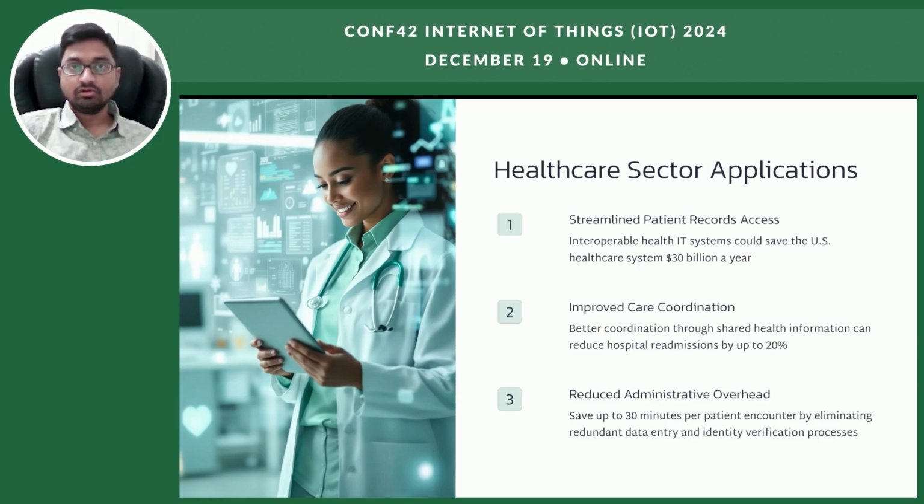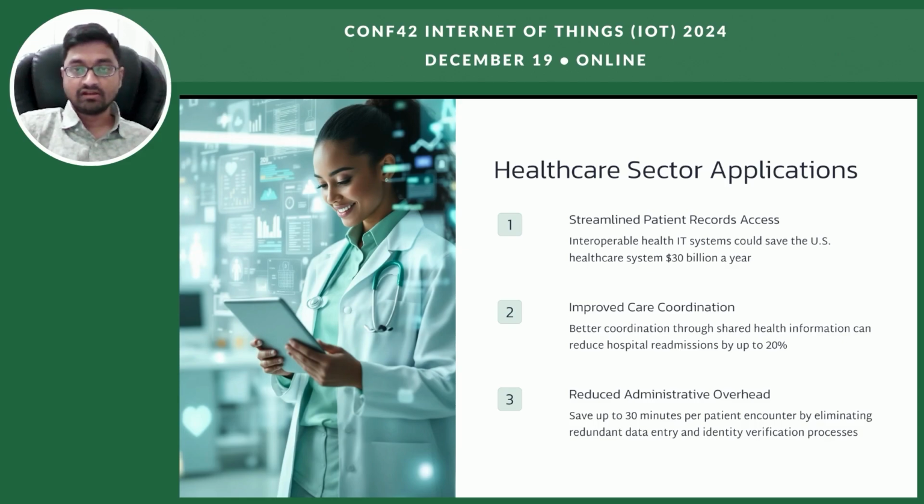And then we can apply the same thing to healthcare sector applications. For example, streamlining patient access to records. Interoperable health IT systems could save the US healthcare system 30 billion a year. And then in the healthcare sector, we can also improve care coordination.